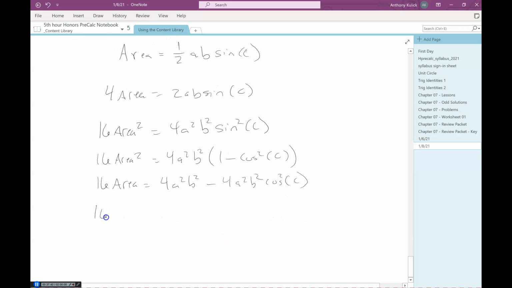And now if I look at the right-hand side, this appears to be a difference of 2 squares. So I could think about it that way.